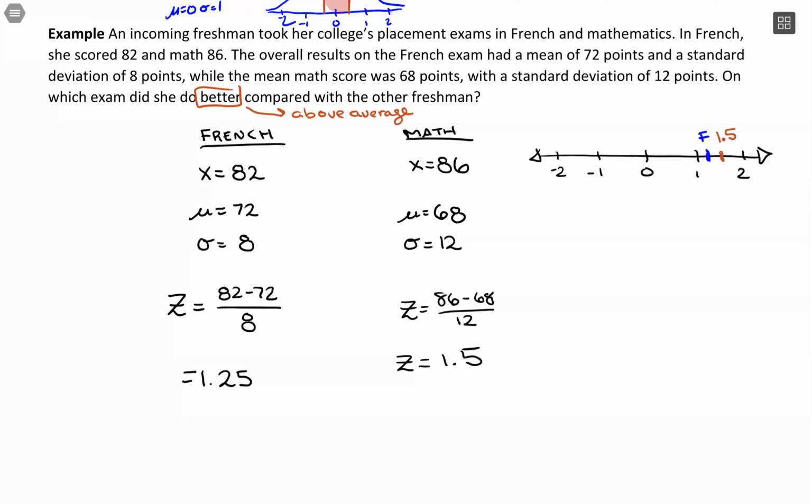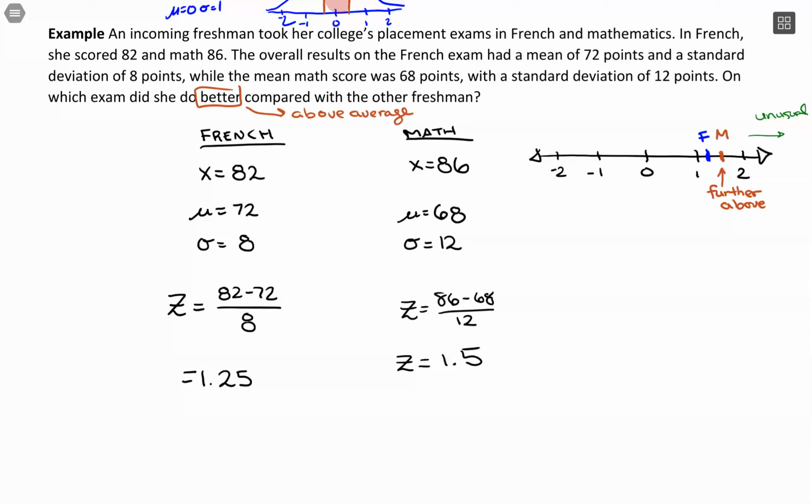And what we'll notice is that we want above average, which both of them are, but that math exam is further above average. Again, as we get out to 2, anything at 2 or above is considered unusual, like that would be unusually above average.